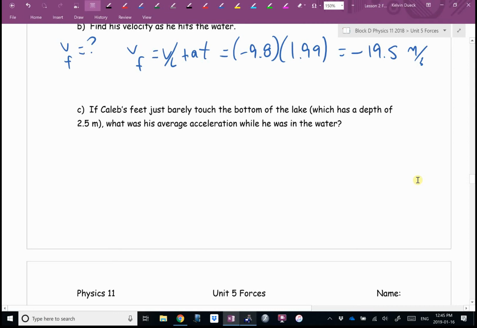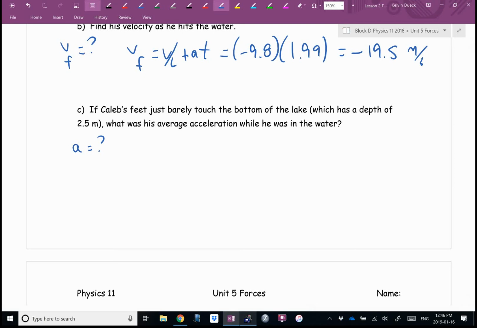If Caleb's feet just barely touch the bottom of the lake, which has a depth of 2.5 meters, so by just barely touch the bottom, let's pretend just as he touches the bottom, he's also come to a stop. What was his average acceleration? I don't know if I can go F equals ma right now because I don't know the force yet.